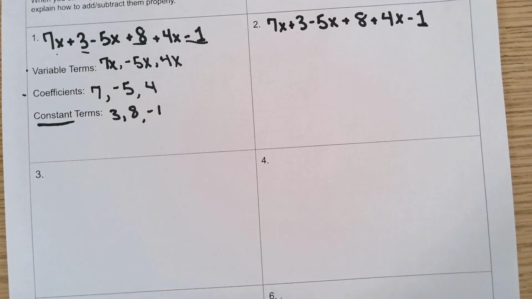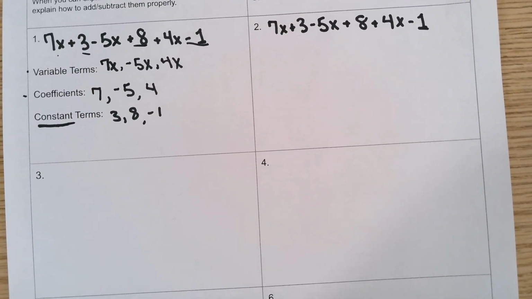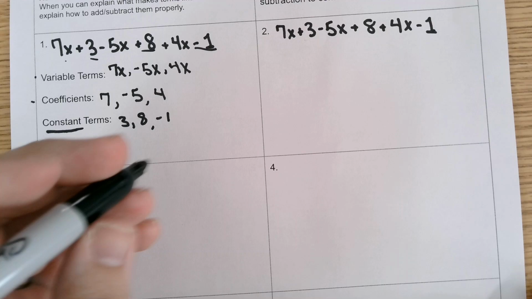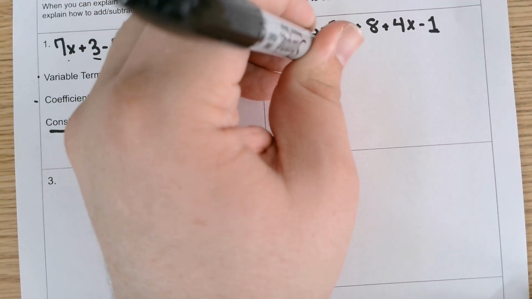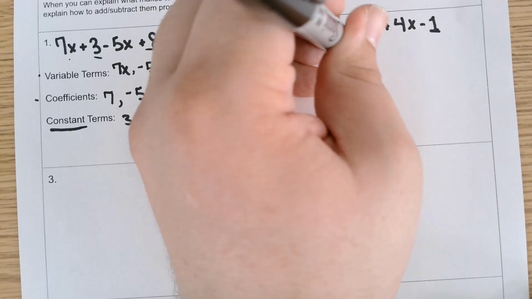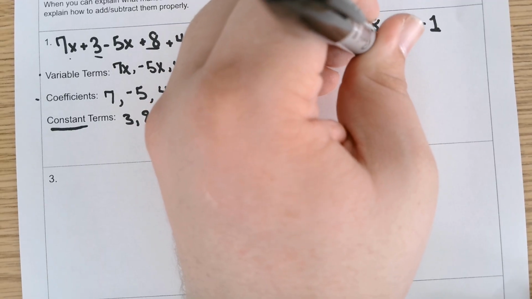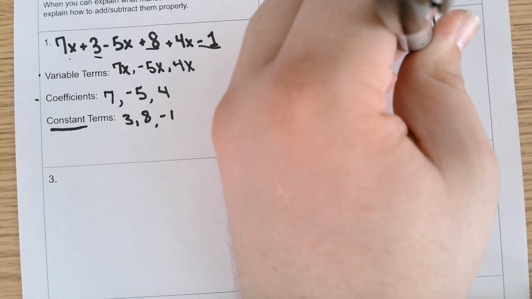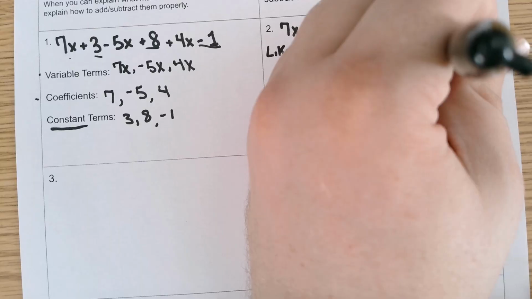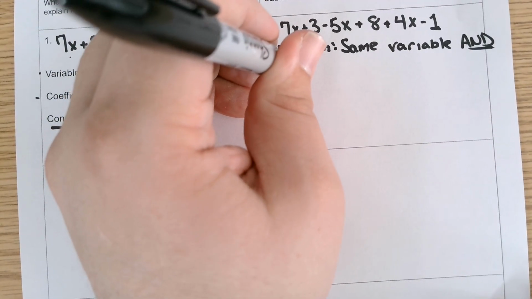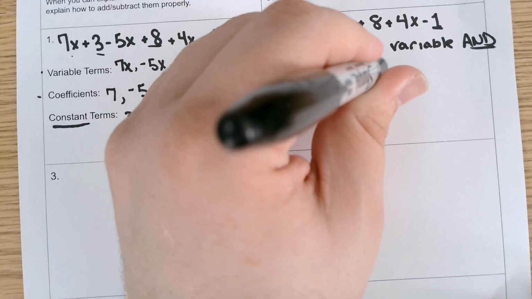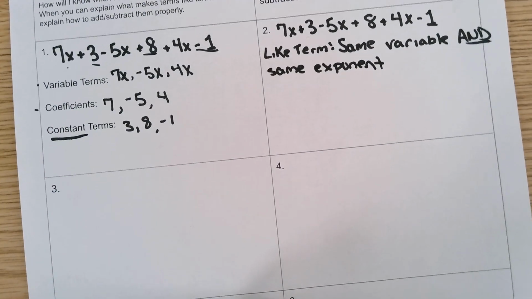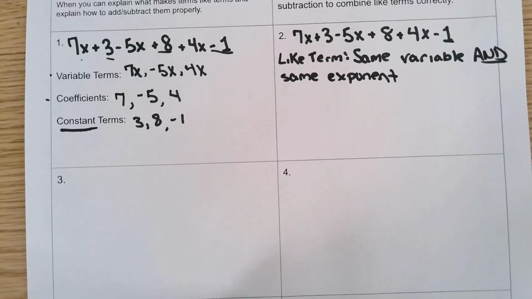Now, to identify a like term, for something to be a like term, it has to have the same variable and the same exponent. The same variable and the same exponent.